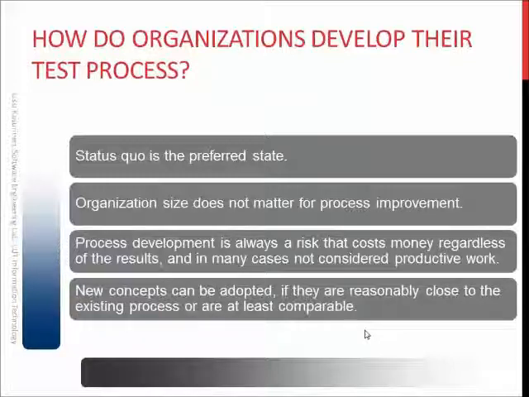And only if the new concept is fairly close to the existing process, or compatible or comparable, is there a good chance that the companies adopt that approach. And I guess that's one of the reasons why Scrum is fairly popular, for example, in software development.